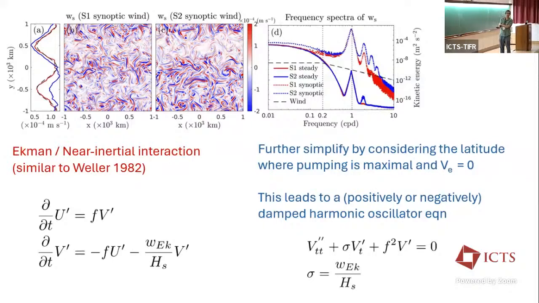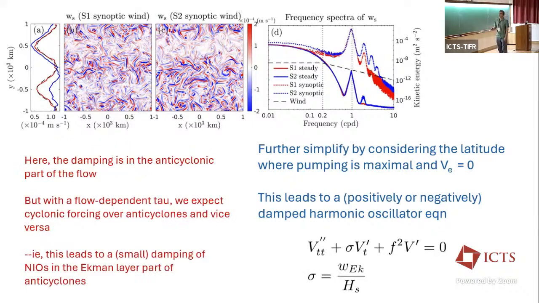So my fast time scale slab layer transport grows here and decays there through this mechanism. And again, there are other mechanisms, say propagation, that should make it leave here and go to here as well, but that's something else. So in this case, the damping is in the anticyclonic part of the flow, but it's really the anticyclonic part of the forcing.